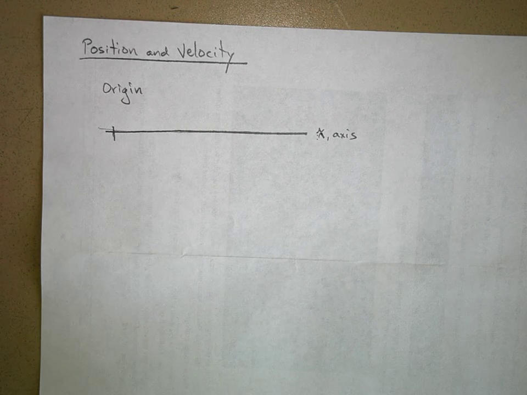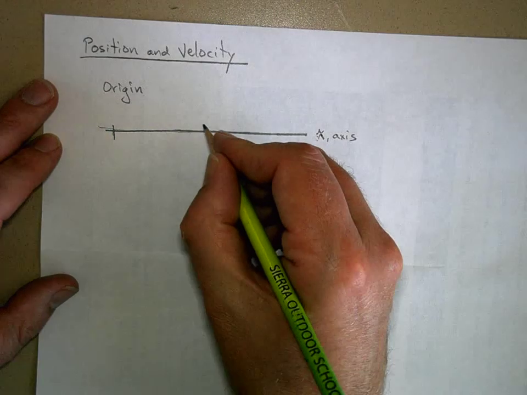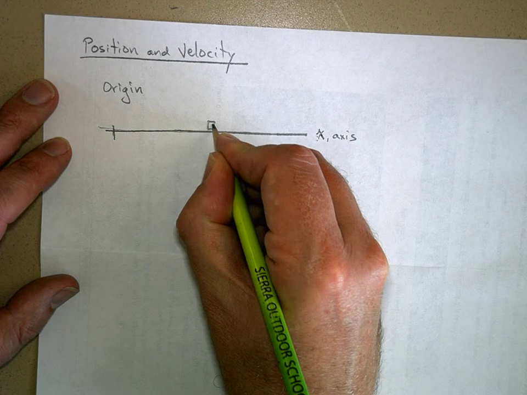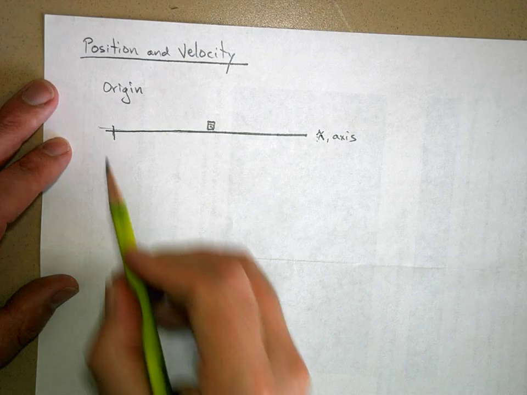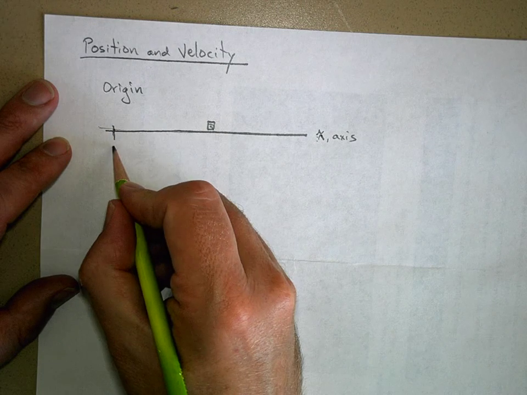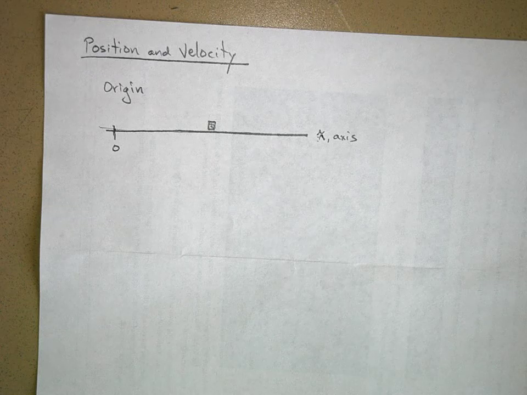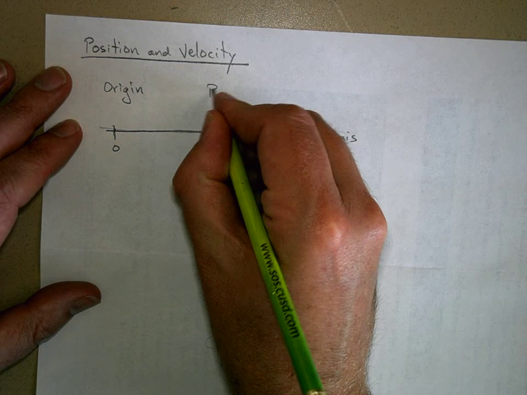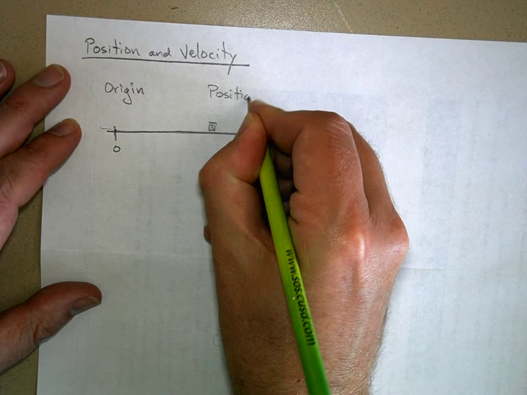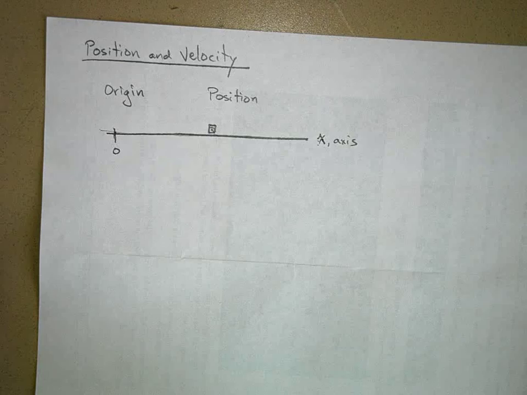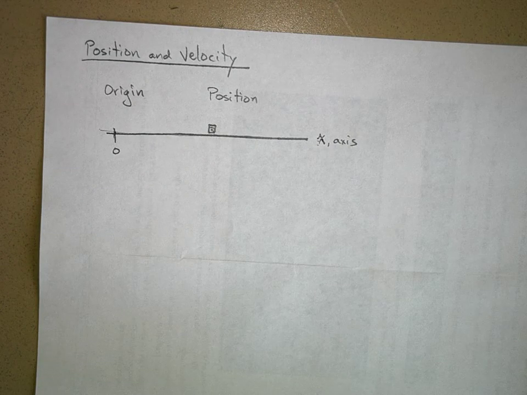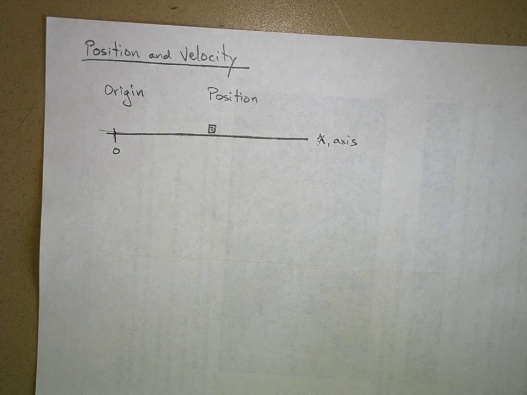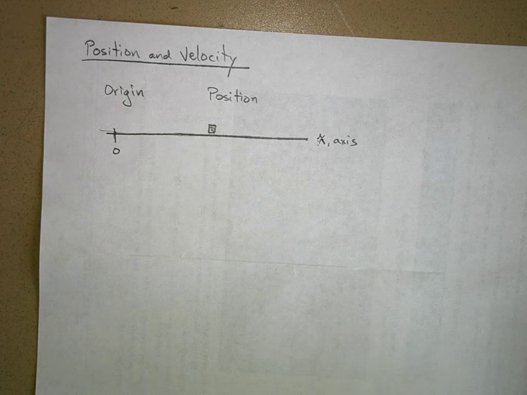And let's say my calculator is located right here, and here's the origin over here. So we're going to measure the position of the calculator. Now, what is position? Position is the location of an object in space as measured from the origin.